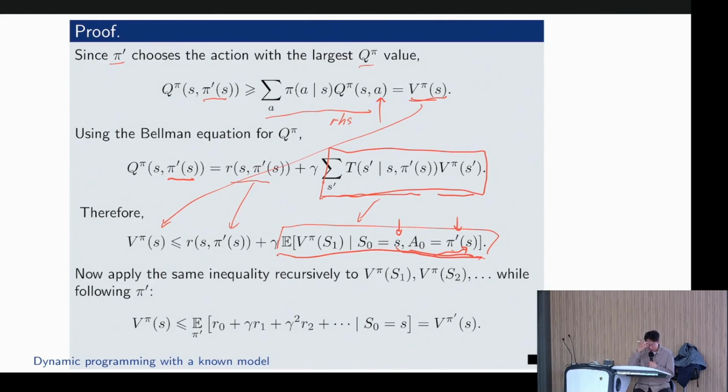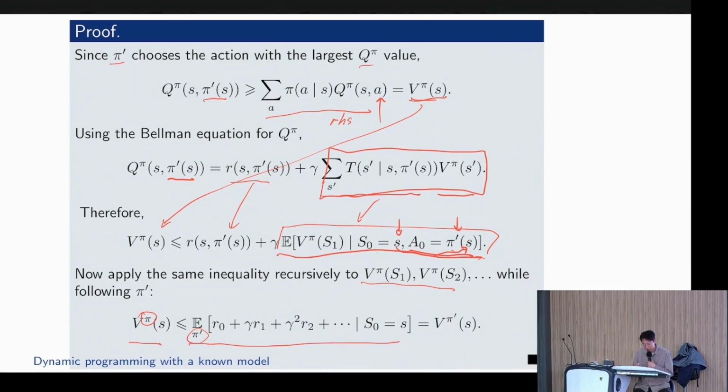So if we apply the same inequality recursively to all the future states while following pi prime, then we can conclude that the value V pi of S is less than or equal to the expectation under this new policy pi prime of all the future rewards that we get from following pi prime.